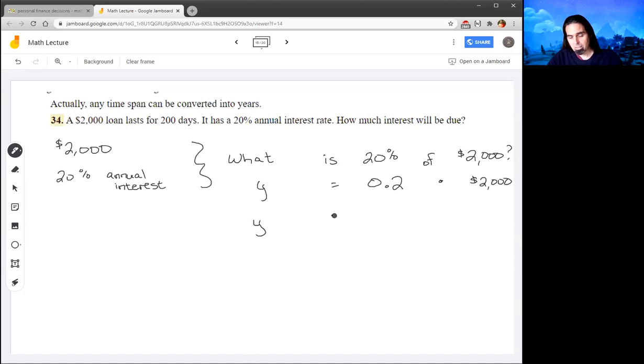And we get $400. So that's per year interest. But our loan wasn't a year, it was 200 days. So what do I do? Any ideas?